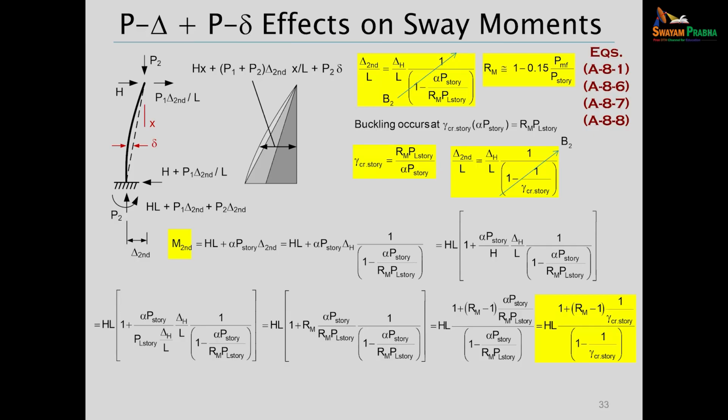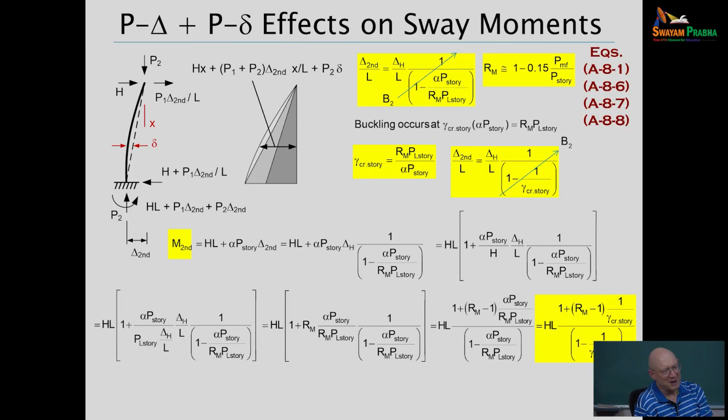The other thing you can observe here is that the amplification on the side sway displacement, so that's delta second over L equal delta H over L times the B2 amplifier. Okay, that's a simple amplification form. We like that form a lot.